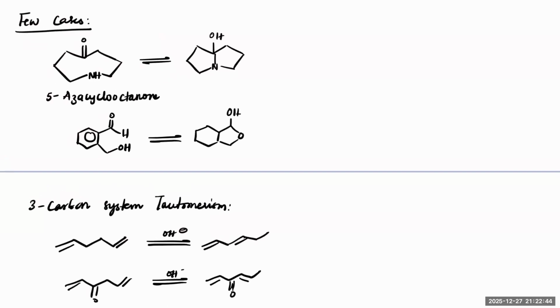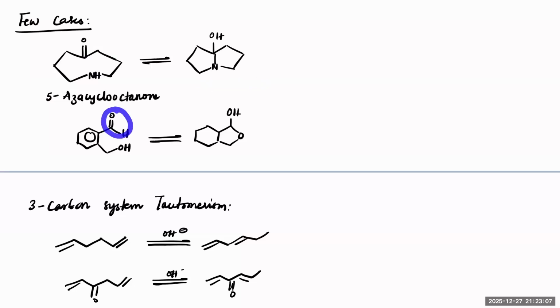Next, a few special cases include internal tautomerism, like you have here. This double bond can be made between carbon and nitrogen, and hydrogen can be shifted here like this. This is called 5-azacyclooctane, and this is like a nitrogen bridged compound. So this can also be a part of tautomerism.